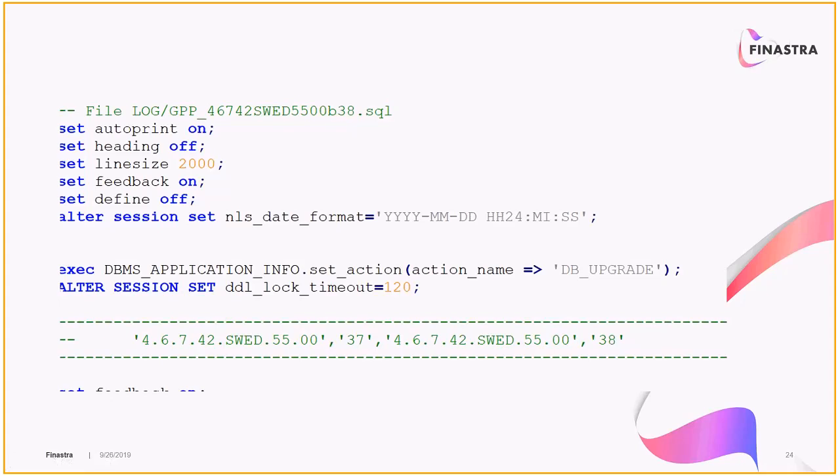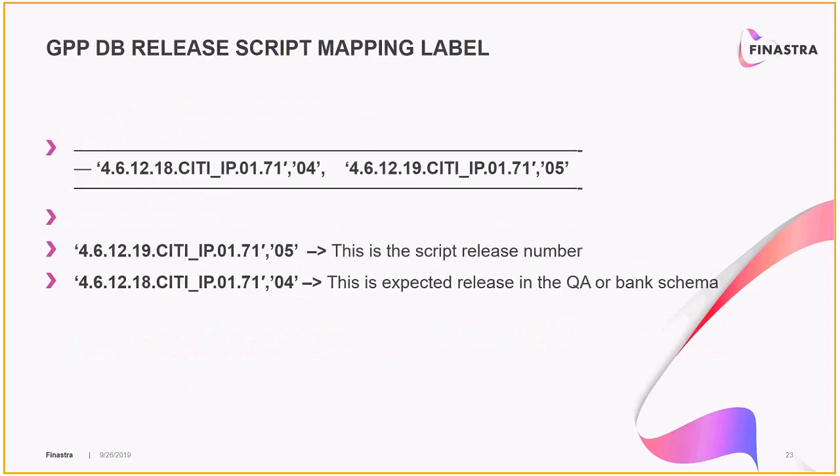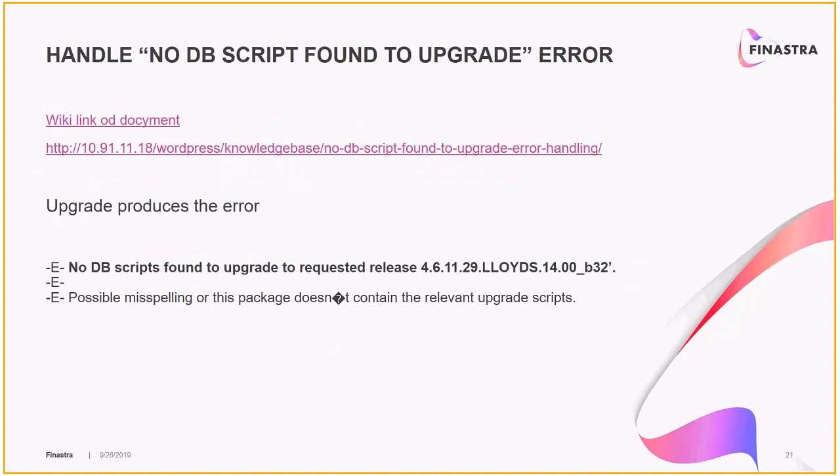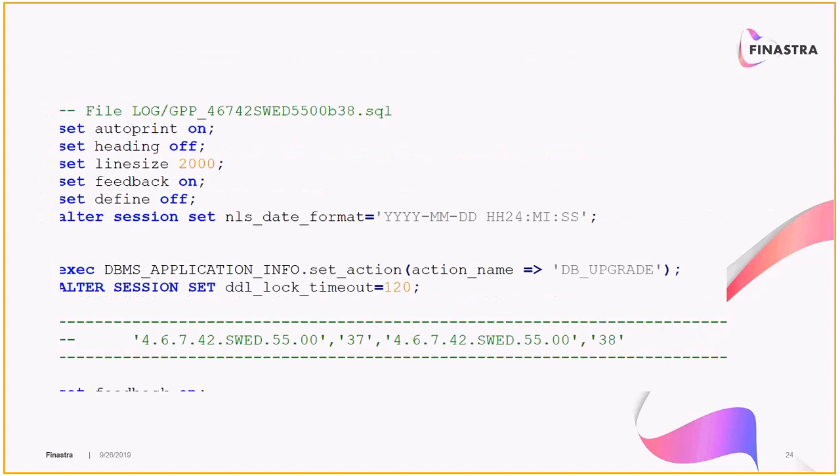If there is a mismatch in any sequence, it always gives the error that no scripts were found. This is the error you always get. For example, the version in the suite schema is 4.6.7.42, 55, and the last version here is a 10, for example, and you are trying to upgrade to this version.